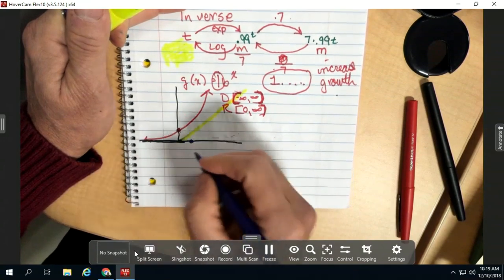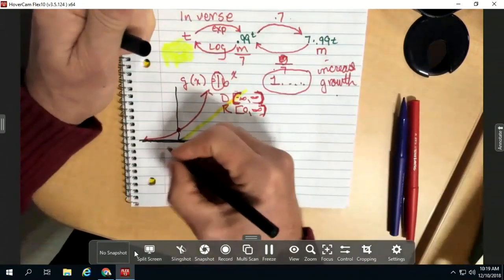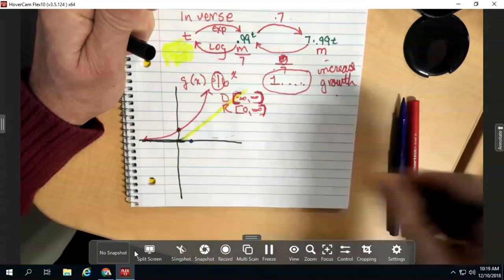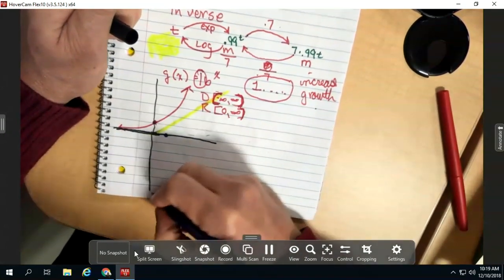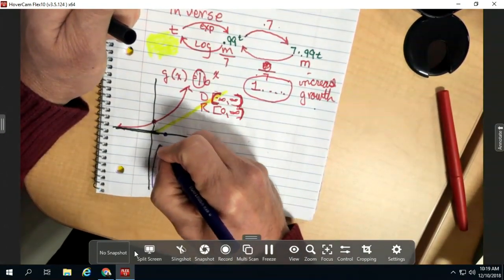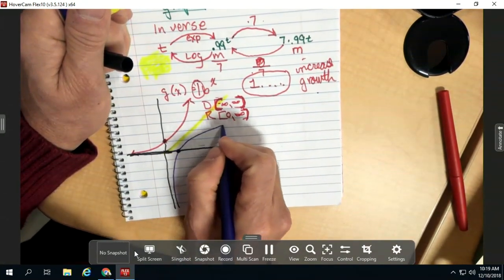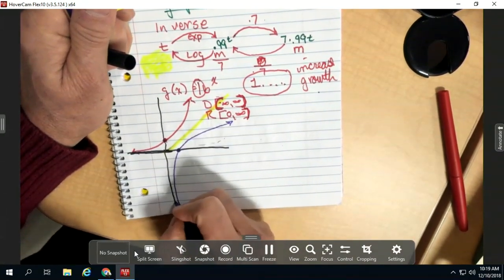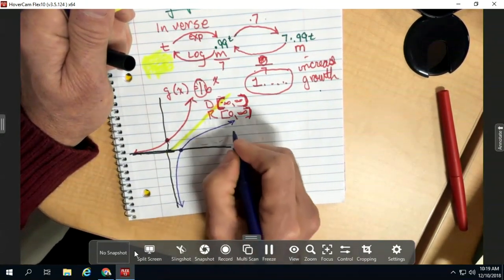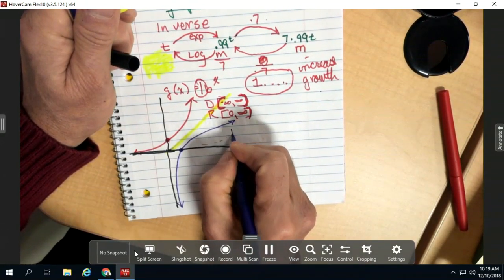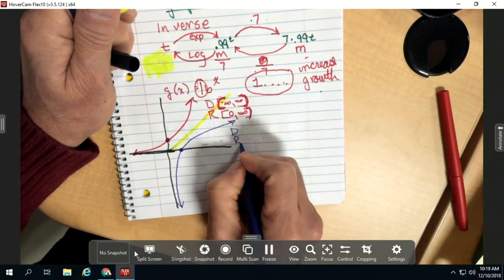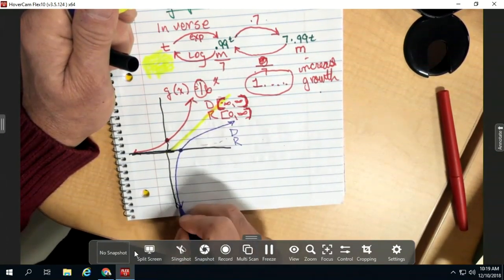Instead of getting closer to this line, we're going to get closer to this line. What do we do after that? Well, we just keep on growing forever and ever and ever. So now our domain and our range, we should be able to figure out.